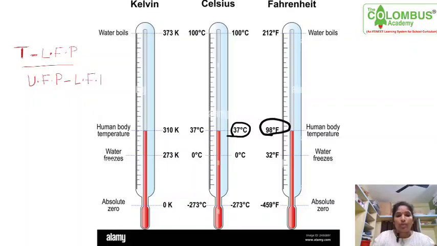This is the formula. So if I want to compare two scales, say Kelvin and Celsius: temperature in Kelvin minus lower fixed point divided by upper fixed point minus lower fixed point equals temperature in Celsius minus lower fixed point divided by upper fixed point minus lower fixed point. Right?